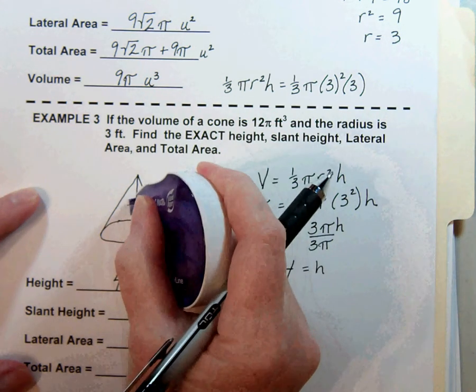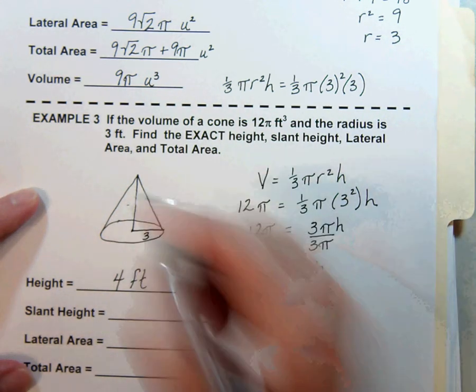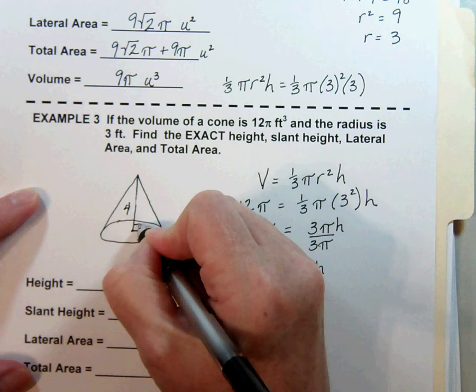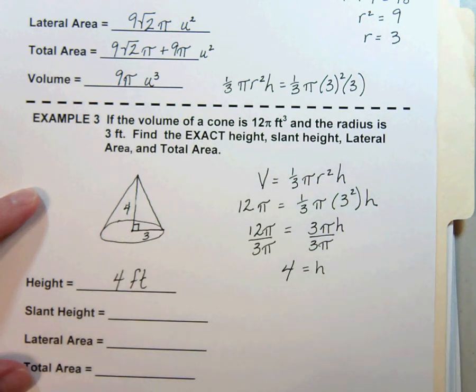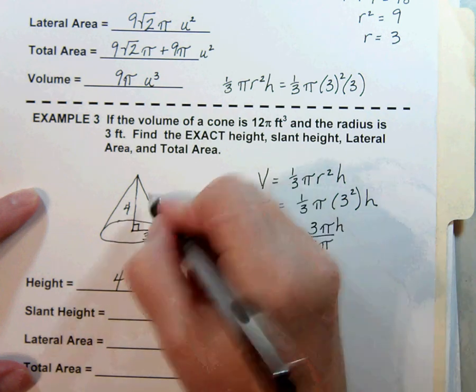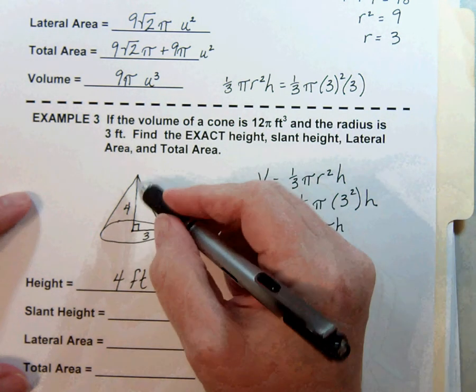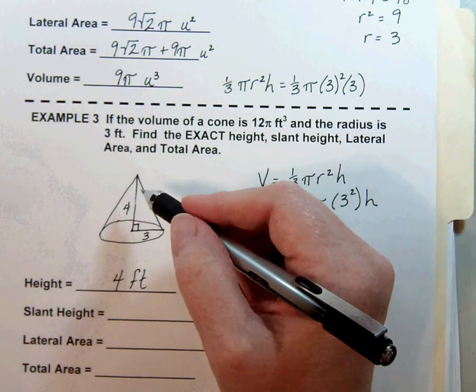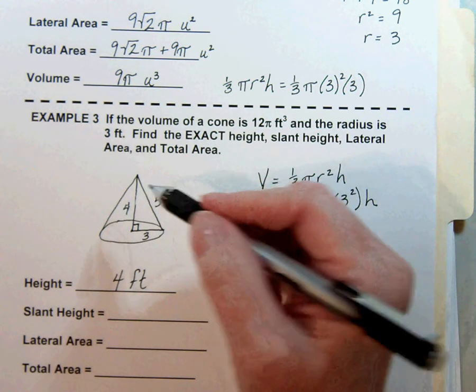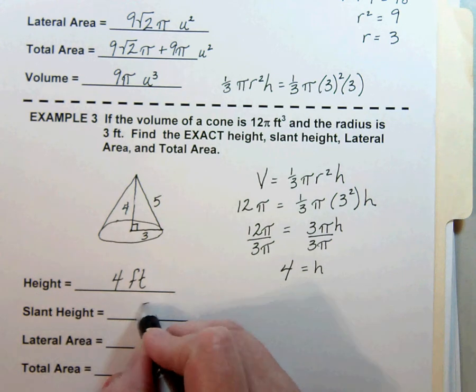The height is 4. Okay, I hope you know and remember Pythagorean triples, because this is a Pythagorean triple. If the legs are 3 and 4, the hypotenuse has to be 5. And you can always do the Pythagorean theorem to figure that out. But that's your slant height, 5 feet.